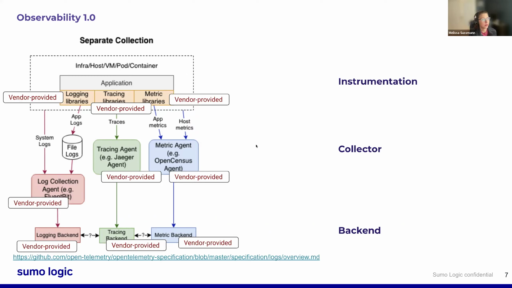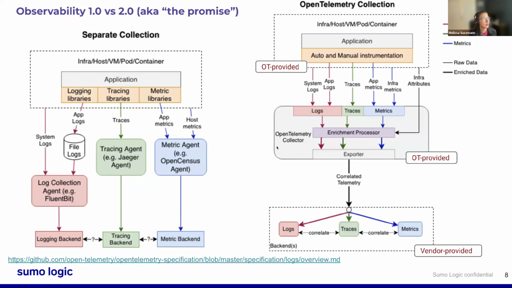Anyway, this is the world without OTEL. So we can take a look at the world with OTEL. Again, on the left, we see the separate collection, and on the right, we see the OpenTelemetry collection.